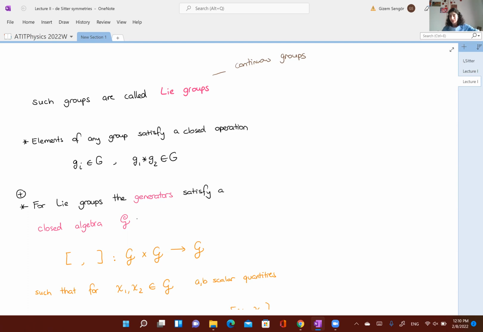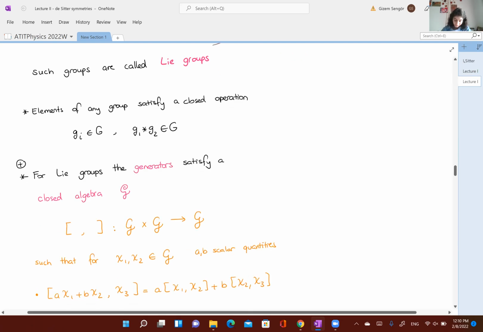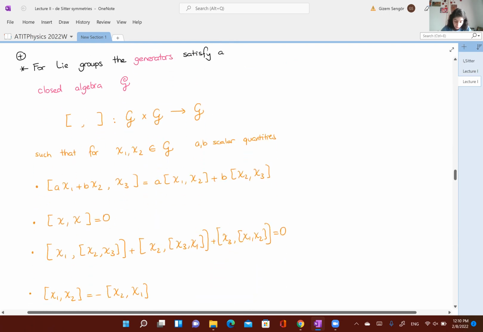Yesterday, you started seeing Grassmann algebra. That's one example of an algebra. Now, this is an example of a different algebra. So what this algebra does is, if you take some elements of the algebra and some scalar quantities, the commutators don't do anything to these scalar quantities.